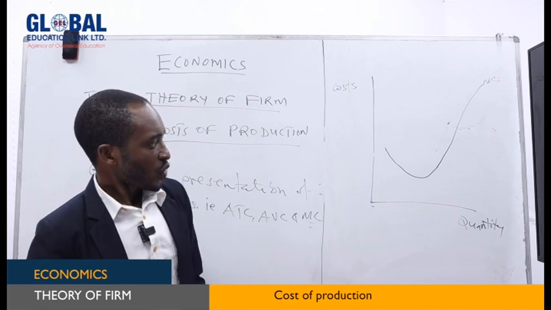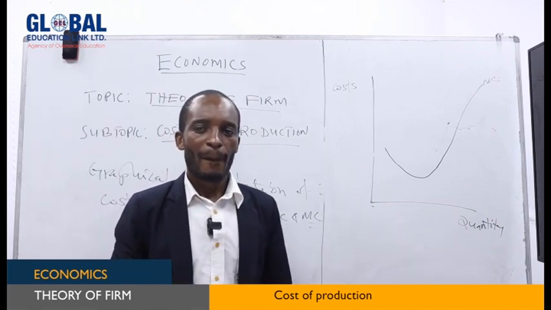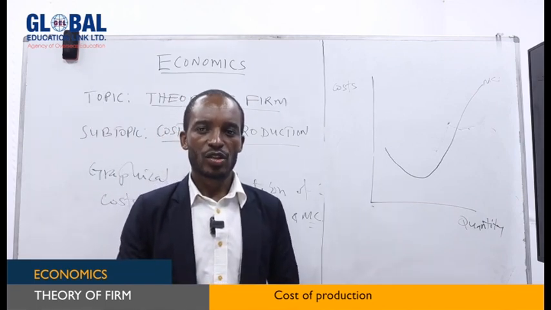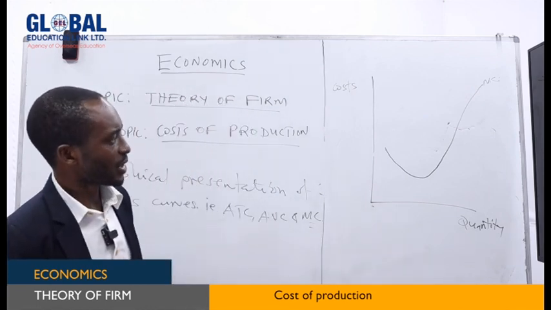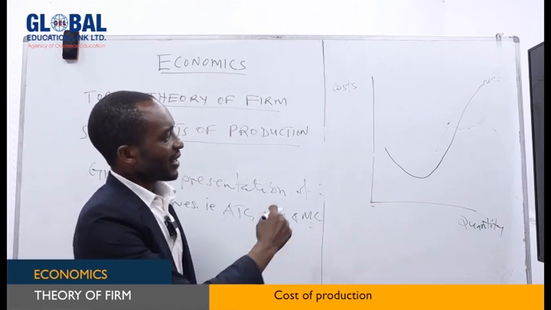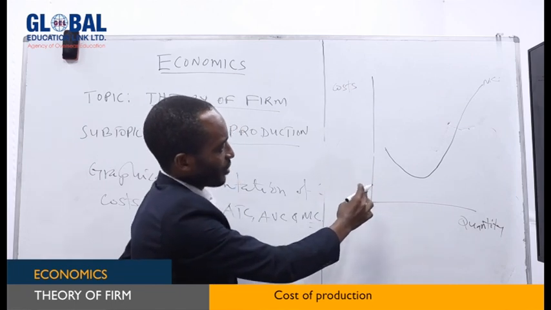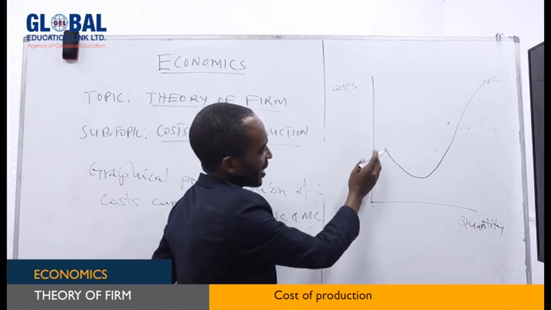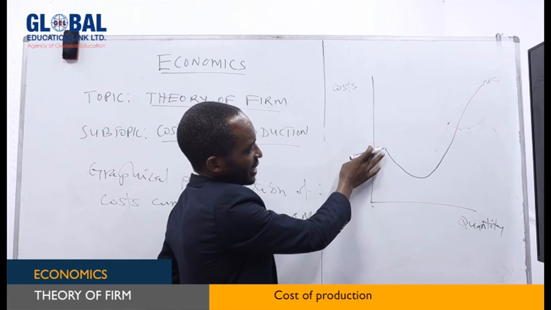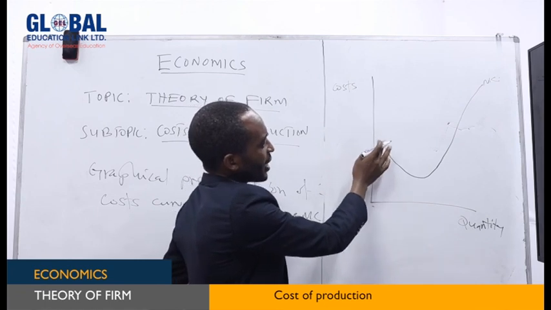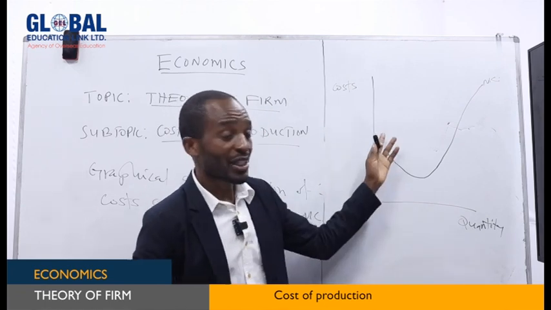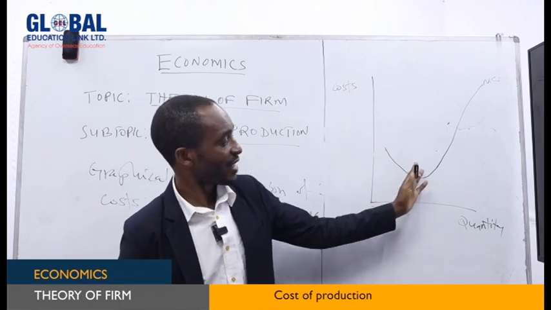Then you can draw the average total cost. The average total cost will be greater than marginal cost. So at the beginning, when the marginal cost is declining, the average cost will also be declining, but will be above the marginal cost.